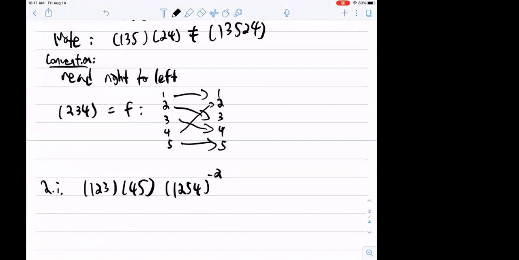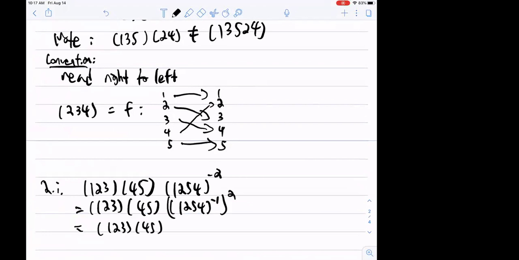This is a bit harder, but we can use the law of exponents. The law of exponents says this is just ((1 2 5 4)^-1) squared. So in other words, this is (1 2 3 4 5) times (1 2 5 4) inverse, (1 2 5 4) inverse. Square means you do the operation twice.